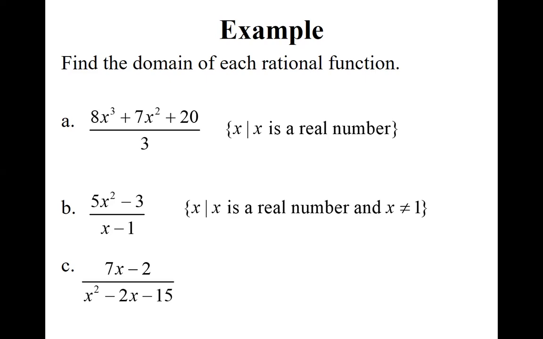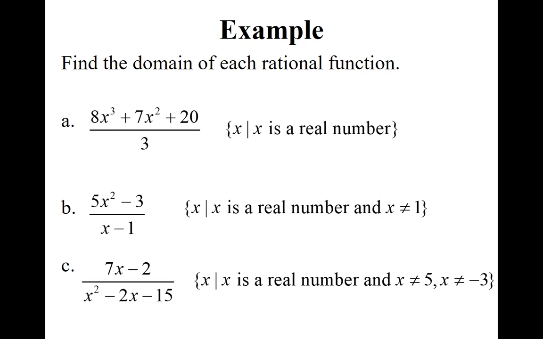C. Similarly, the bottom of C can be equal to 0. So we set x squared minus 2x minus 15 equal to 0. We'd have to factor. And when we factor, we get x minus 5 times x plus 3.